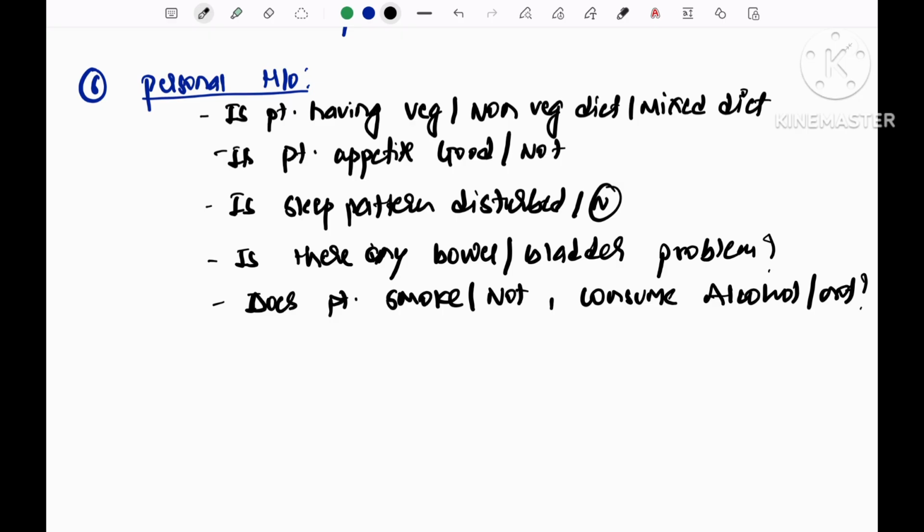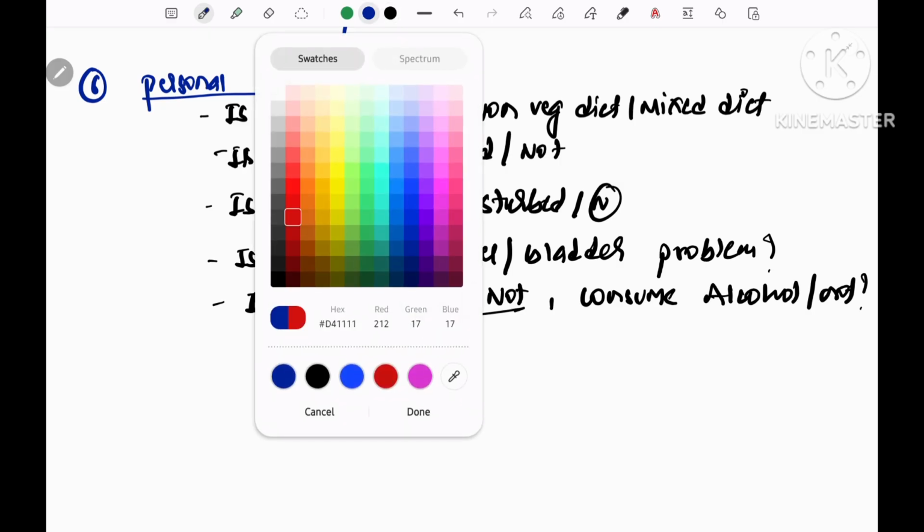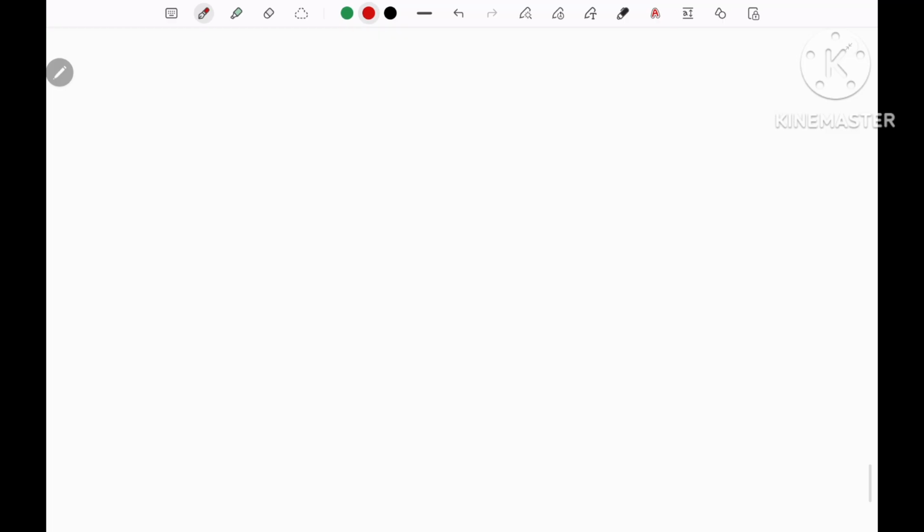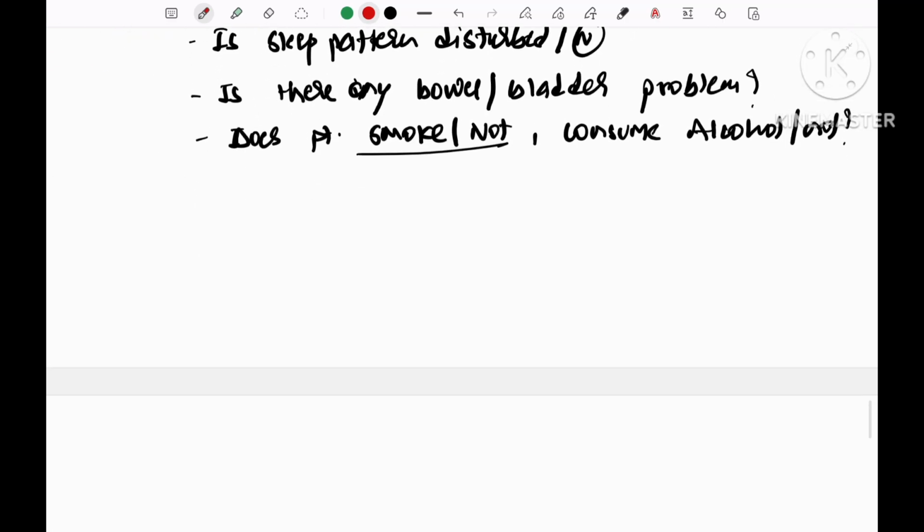But if the patient smokes, then how will we write? We have to write it in the form of the smoking index. Now we have to know how to calculate the smoking index.